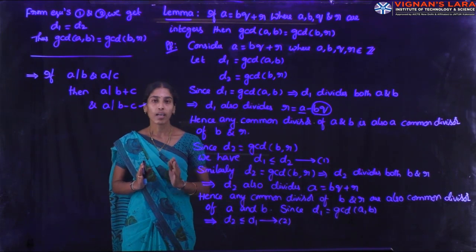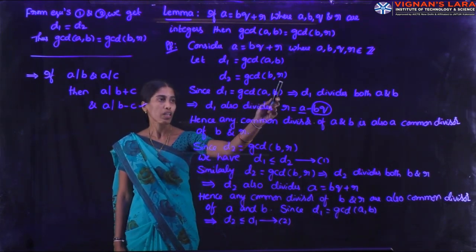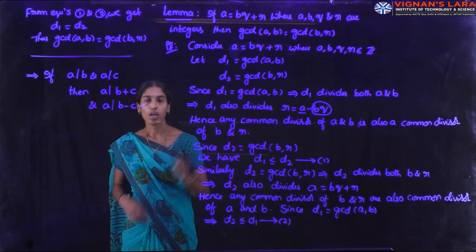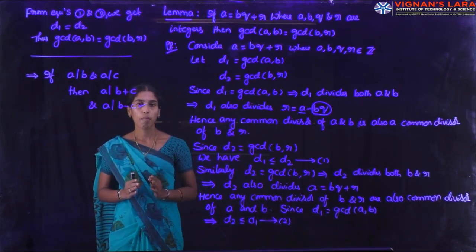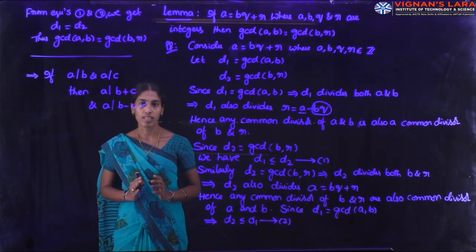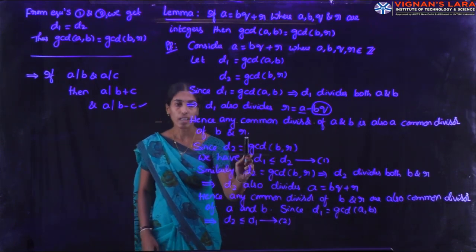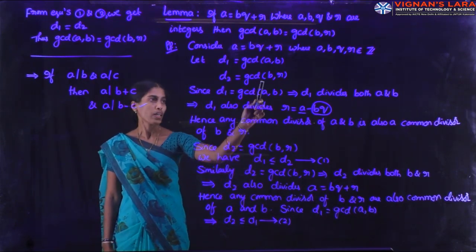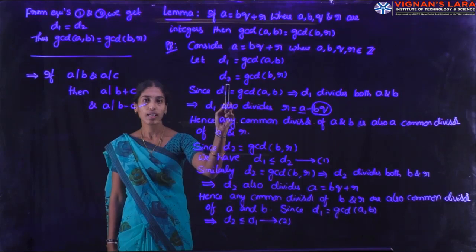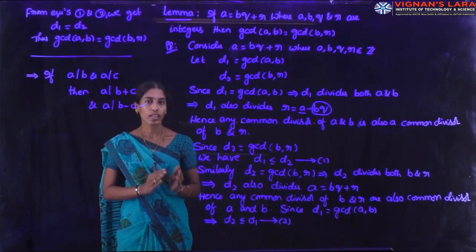But for B and R, what is the greatest common divisor? GCD of B comma R is D2. What is the meaning of greatest common divisor? It is the greatest among all common divisors. Here D1 is a divisor of B and R, but for B and R, D2 is the greatest common divisor. So what is the relation between D1 and D2?